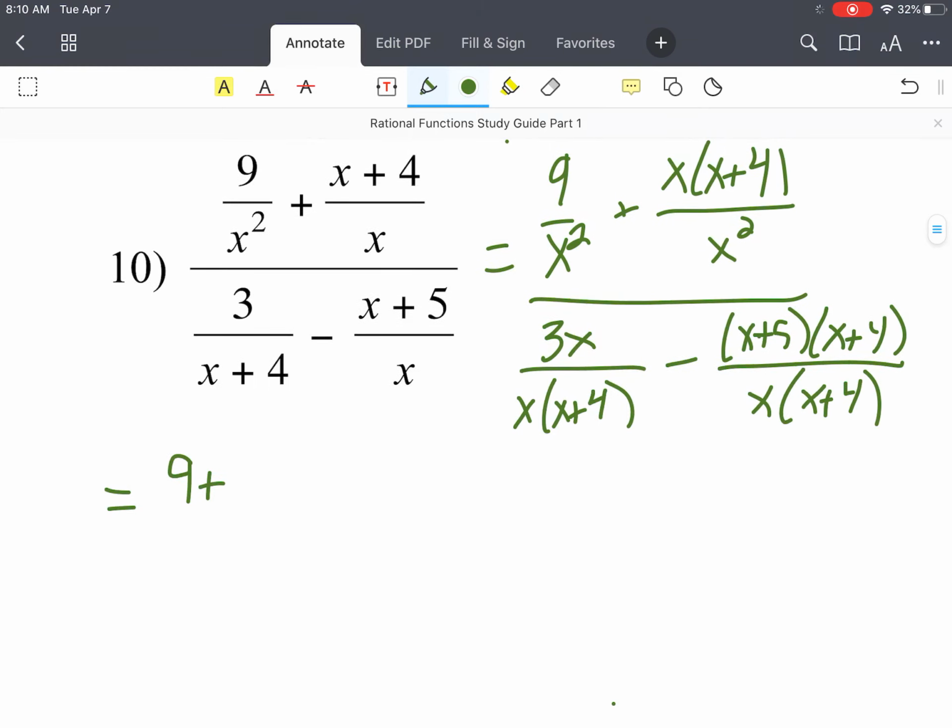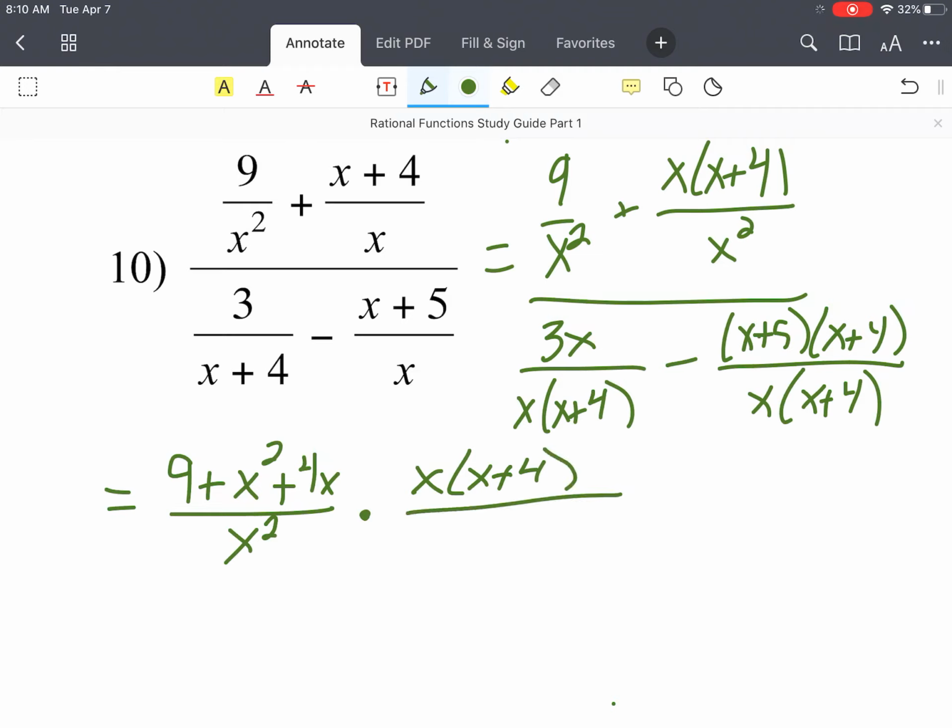So let's see, I've got 9 plus, that's x squared plus 4x over x squared times x times x plus 4 over 3x minus, let's see, that's going to FOIL into x squared plus 9x plus 20.